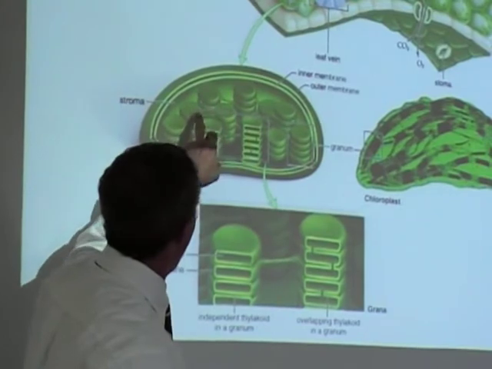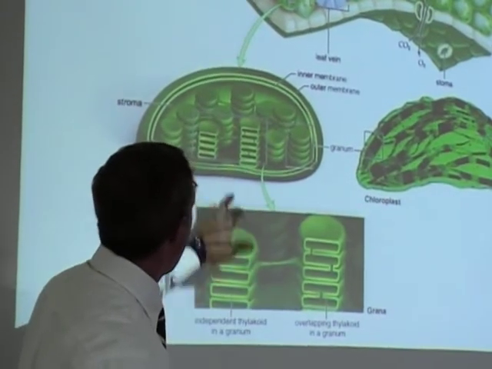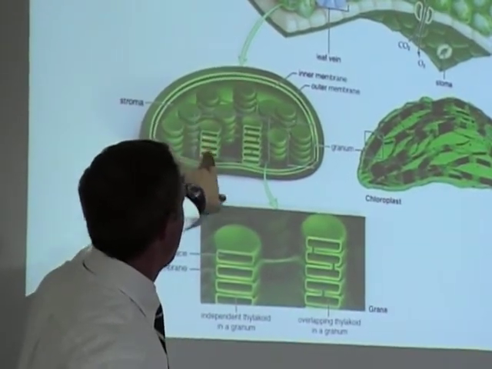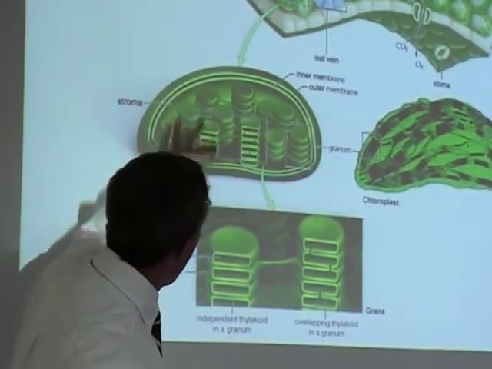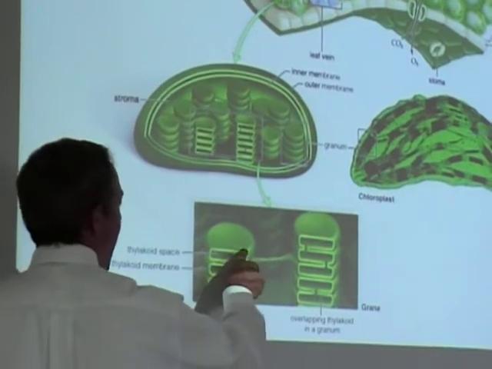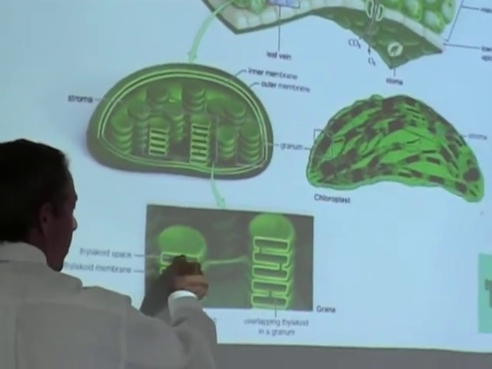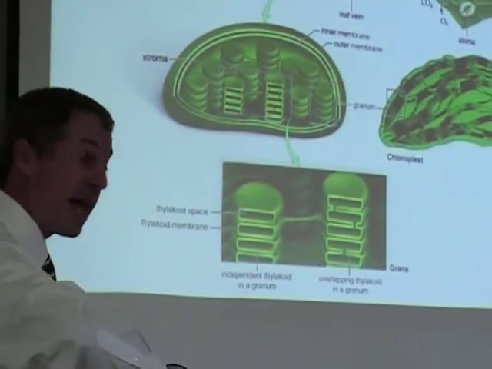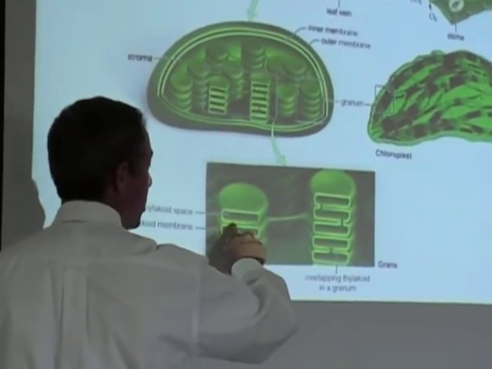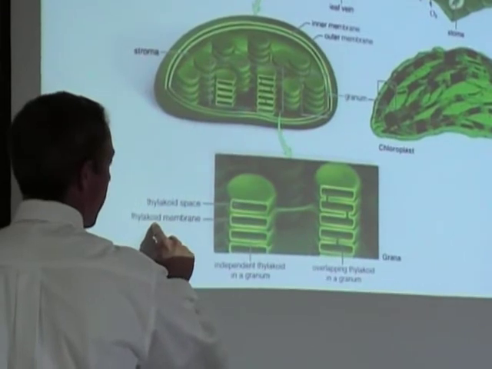But then if we look further inside, we see little things that look like stacks of coins. And looking up close at them, they're actually made of membrane, which is phospholipid bilayer, just like we studied in membranes last chapter. These membranes are called thylakoid membranes.